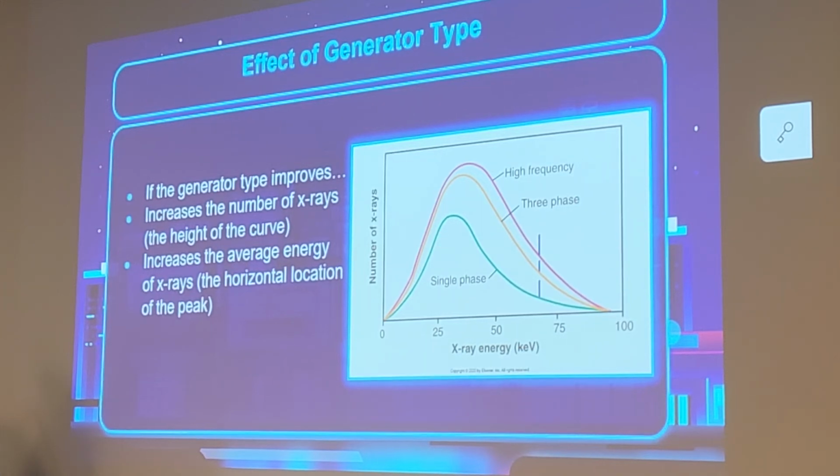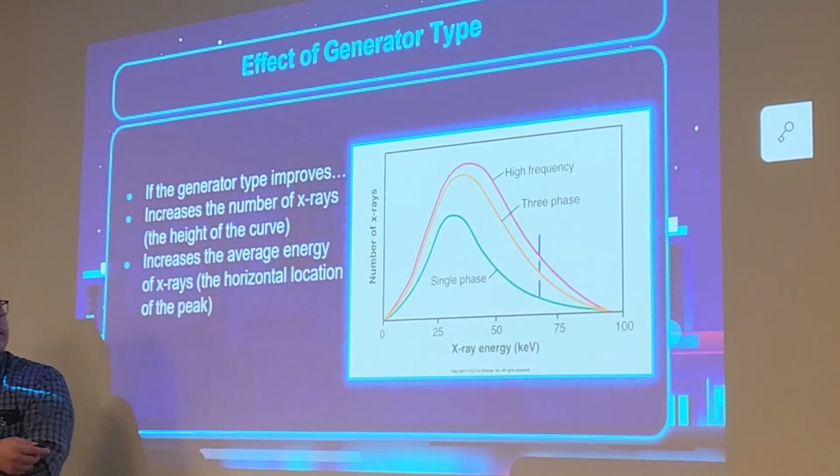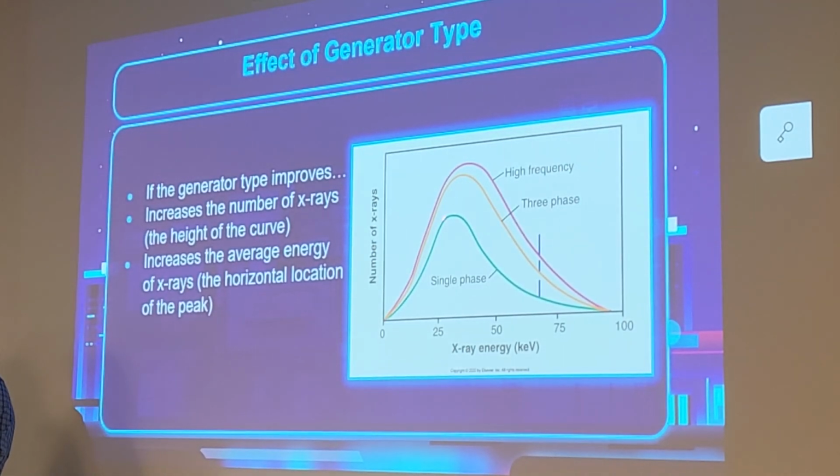Most of them are about 1/3 of the maximum kVp, so we describe that as our peak. As the energy of the X-rays changes, that peak will move either left or right, depending on whether the average energy increases or decreases. So that peak is right there, the highest portion of this line.